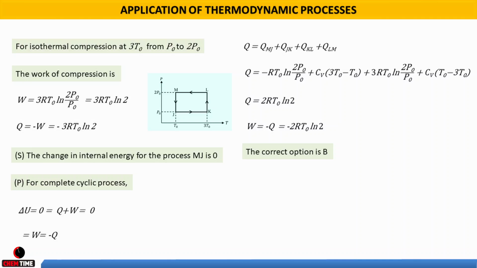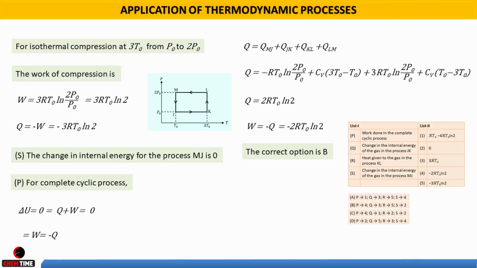So that is minus RT0 ln(2P0/P0) plus Cv into (3T0 minus T0) plus 3RT0 ln(2P0/P0) plus Cv into (T0 minus 3T0), which gives rise to 2RT0 ln 2, and as a result the W will be minus Q, so minus 2RT0 ln 2. And in the options given, the correct option is P is 4, Q is 3, R is 5, and S is 2. So the correct option in this problem is B.